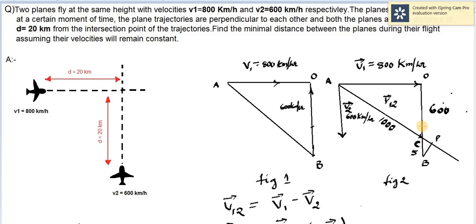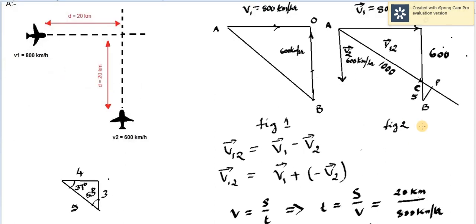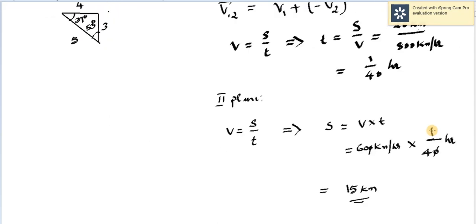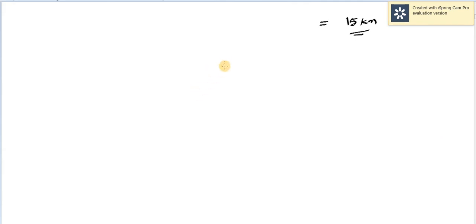Now this calculation is pretty straightforward, because we have got similar triangles. AOC and BPC are similar triangles.